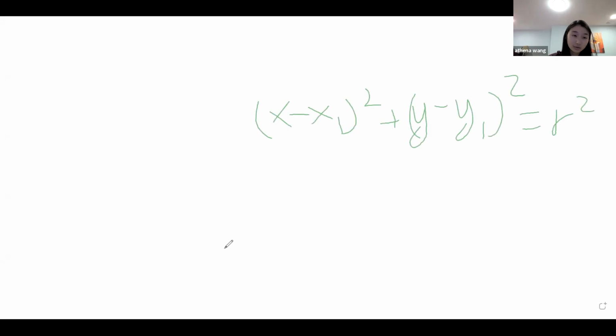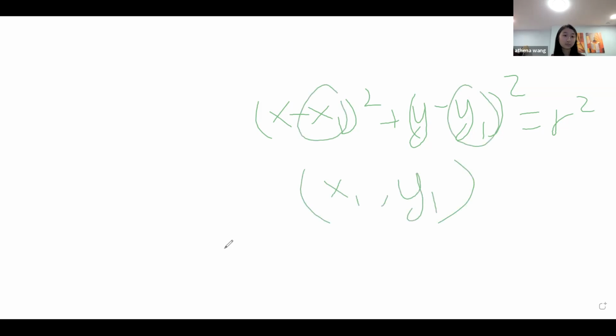Just know that r stands for the radius, and the x and the y are the actual variables. The x1 and the y1 are the coordinates of the center. So the center of the circle would lie at x1 comma y1. And after we know the center of the circle and we have our radius, we can draw a circle. So that would be our circle.